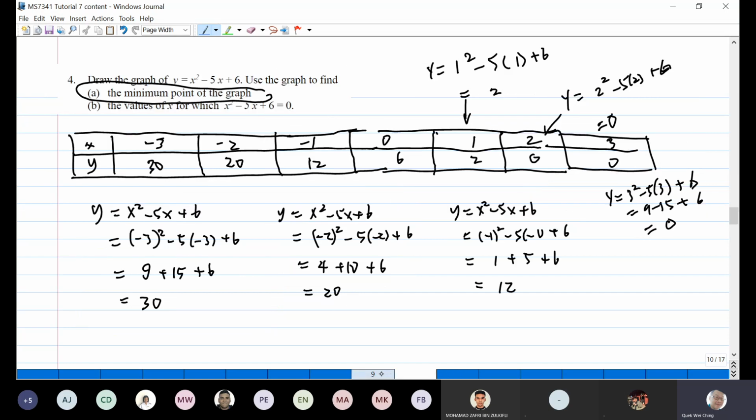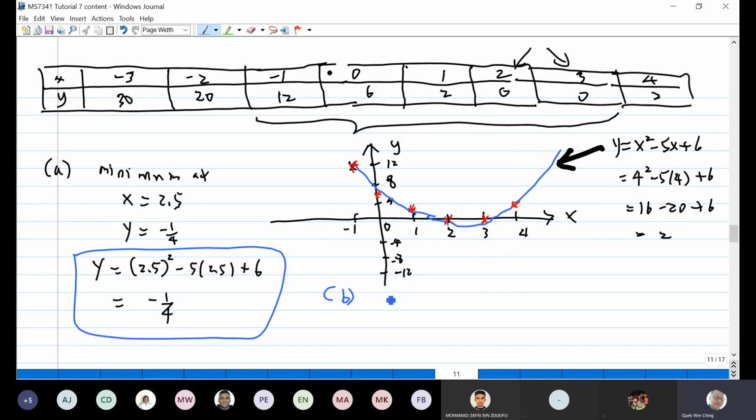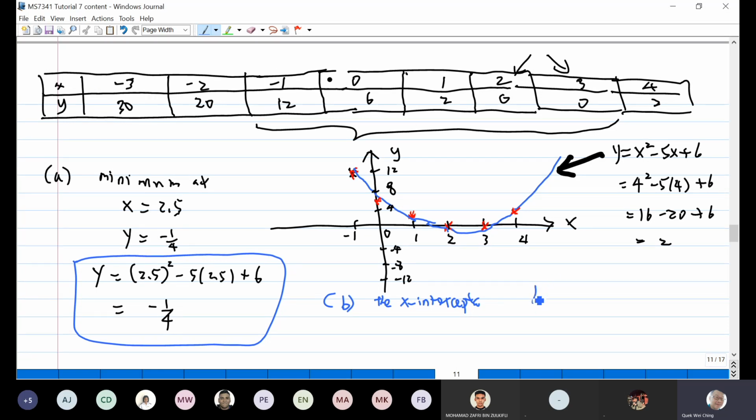That is the value of x where x squared minus 5x plus 6 equal to 0. For the x-intercept, put y equal to 0. So you solve x squared minus 5x plus 6 equal to 0.